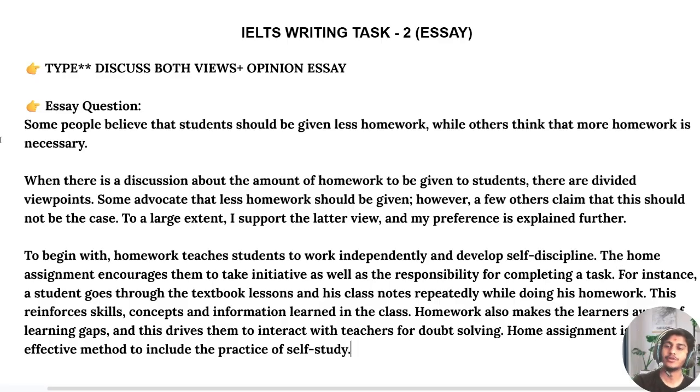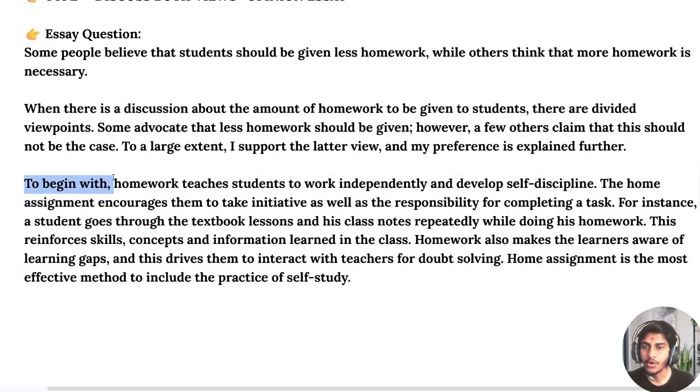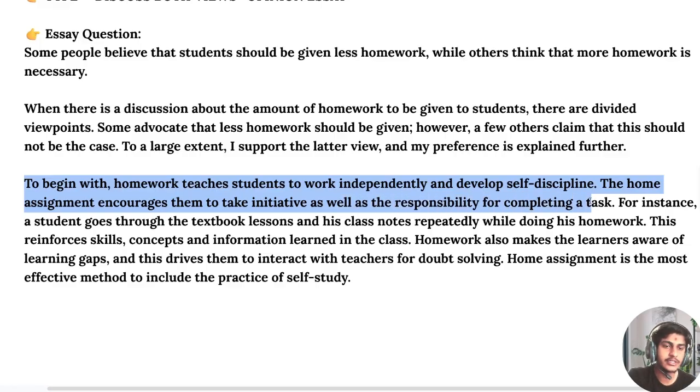Here is our body paragraph. One is over, and I'll explain. First I'll read. To begin with, homework teaches students to work independently and develop self-discipline. The home assignment encourages them to be intuitive as well as responsible for completing a task.